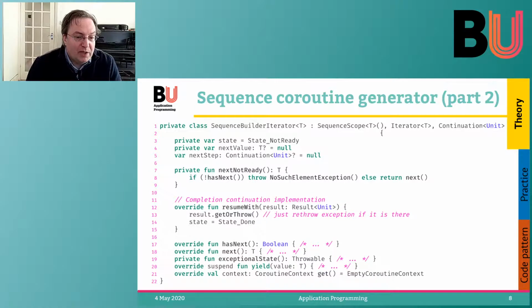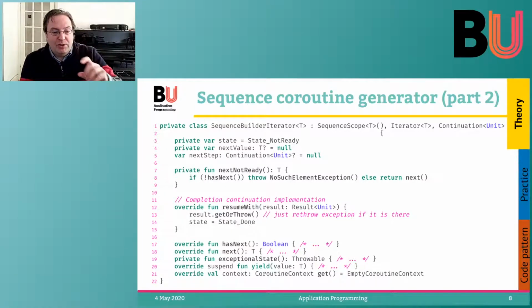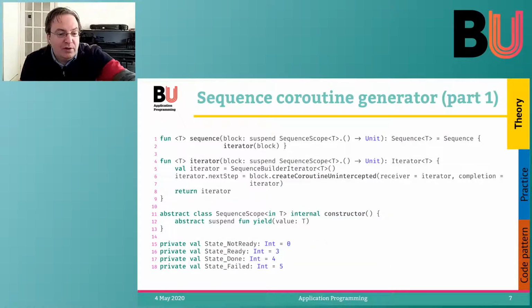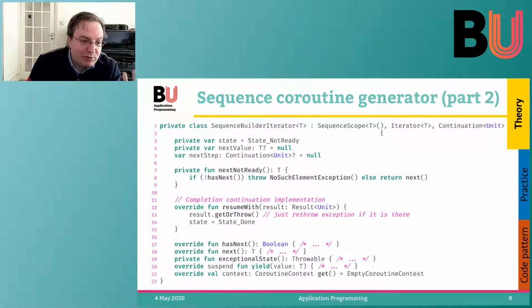When we look at this one, we saw it starts out as state not ready. Then we have next step, which is the continuation that we got from line 6. That was the block, that is the parameter. We have a continuation to continue with. That's the next step to execute, one that returns unit.